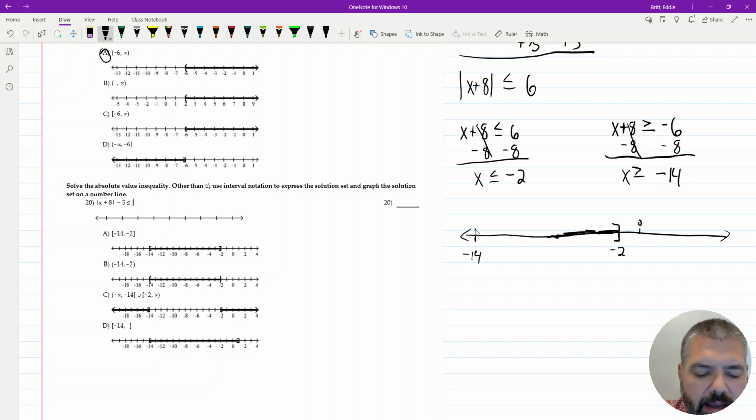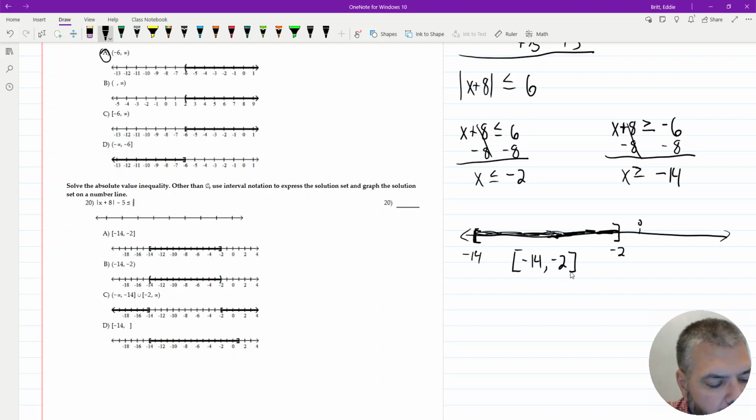So we put a bracket, and remember that greater than means to the right. So less than meant to the left of negative 2, and greater than meant to the right of negative 14. So if I wanted to write that in interval notation, that would be bracket negative 14, comma, negative 2.